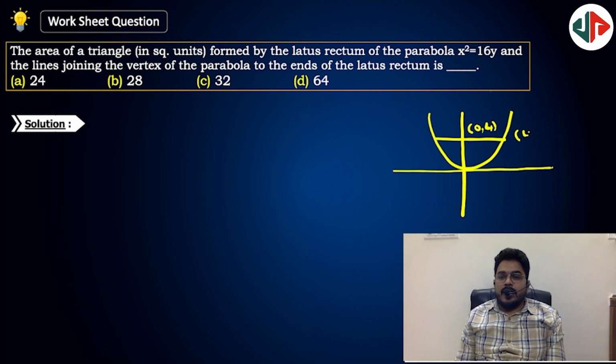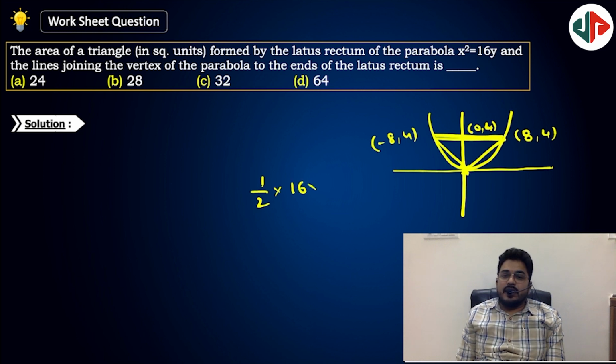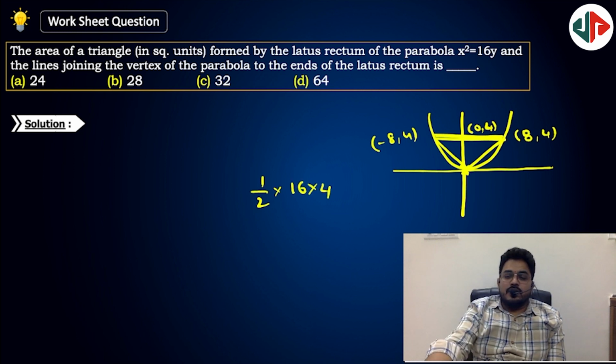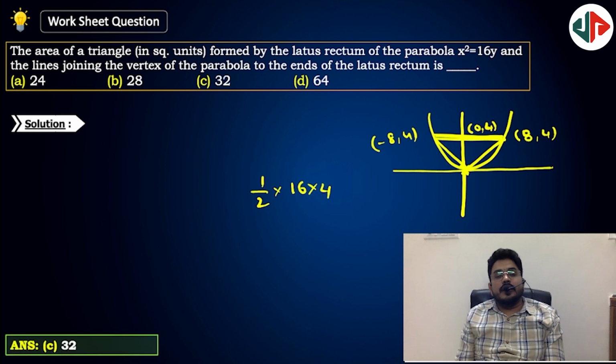So 8 comma 4 and minus 8 comma 4. So this length of latus rectum is 16, base is this one. This base is equal to 16 into height is 4 units, half of this. So the answer is equal to 32 units.